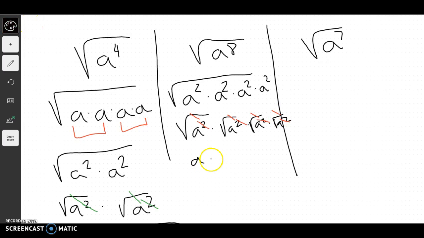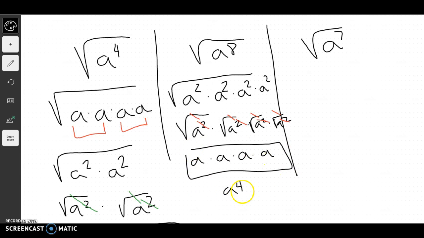And what I would get is a times a times a times a, which is just a to the 4th. So again, watch what having a square root does to an exponent.